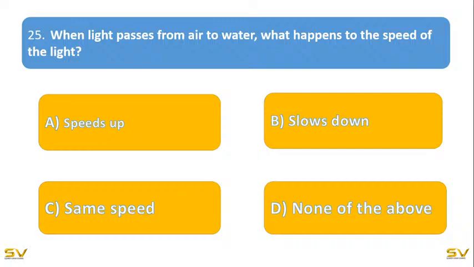Light is passing from air to water, so rarer to denser. Air is rarer, water is denser. So what happens to the speed of the light?